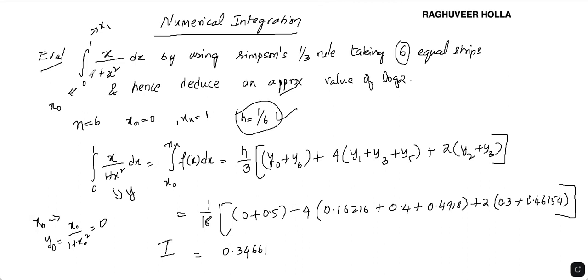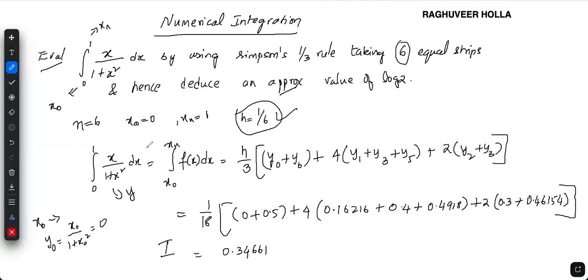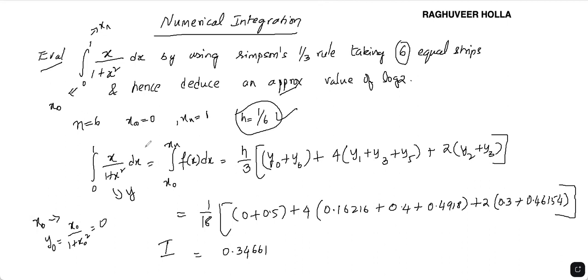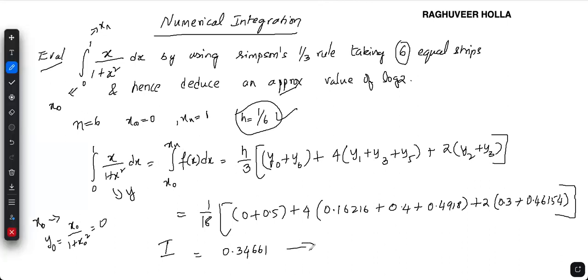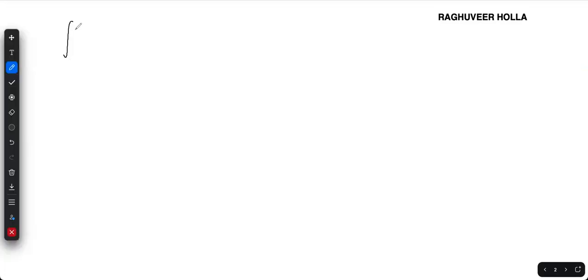Now we'll try to integrate directly. We'll do the direct integration of x by 1 plus x square dx.